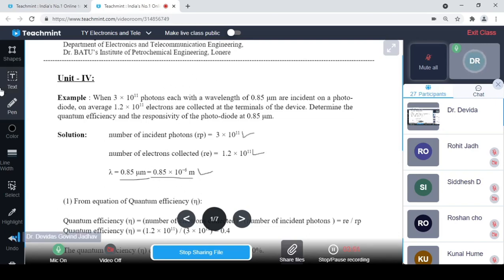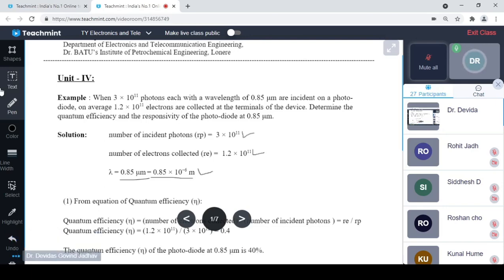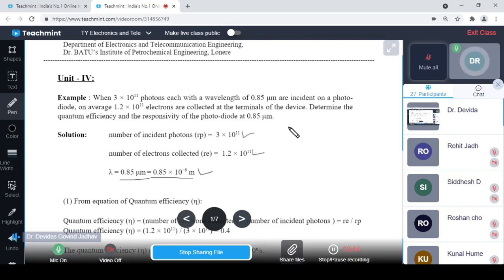So what are these changes in the units, these relations? Suppose some number is there with an original unit. Then we can convert that unit as kilo, by multiplying by 10 raised to 3.